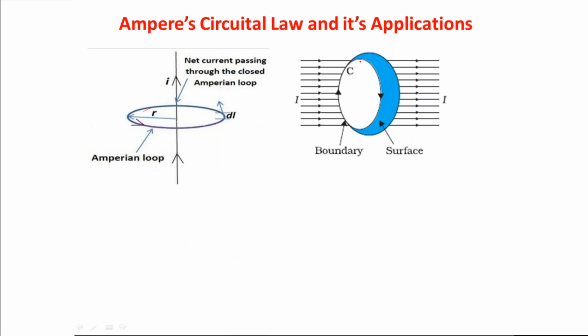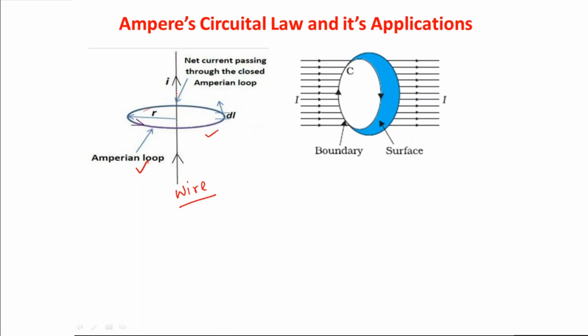And you look, this closed boundary is actually called the Amperian loop. If I take the boundary in this way, cut it and draw it here, this loop, which is one of the boundaries of this open surface, is called the Amperian loop.